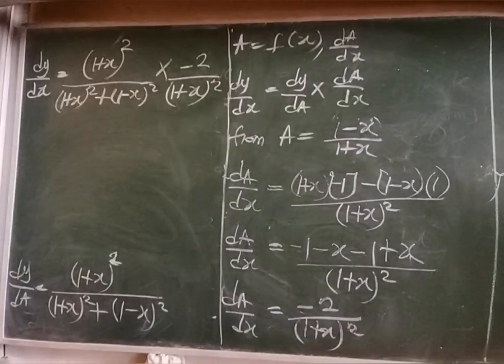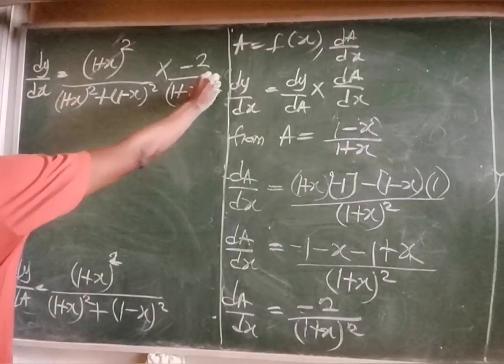So from here now, it is clear (1 plus x) squared can cancel (1 plus x) squared.